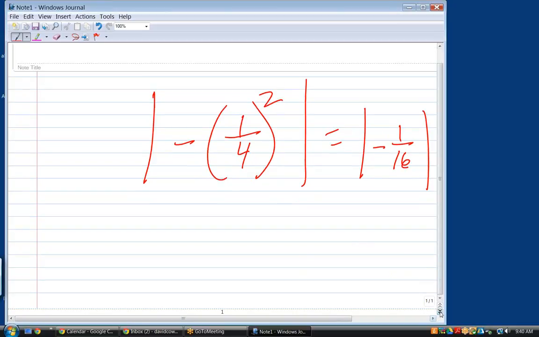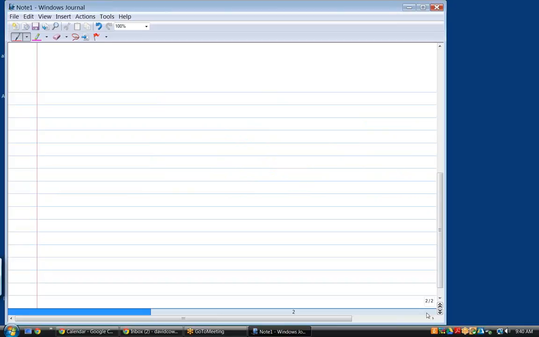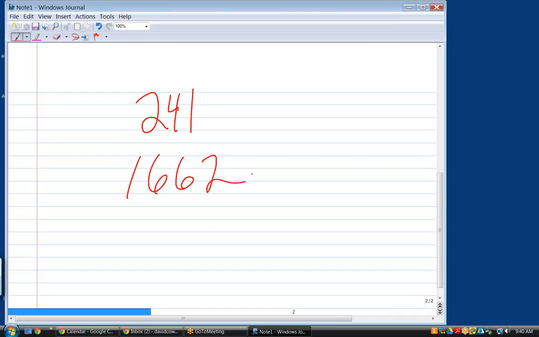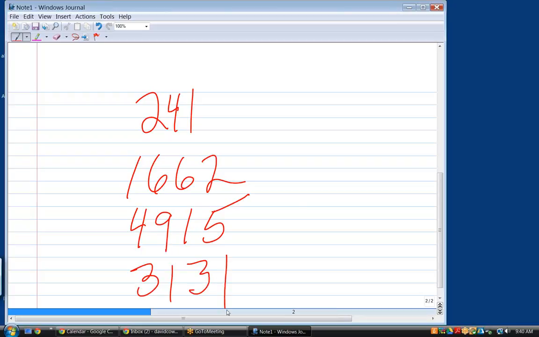Some of this stuff you may have learned, some you may not have. Which of the following numbers is divisible by 3? It's a little bit of number theory. I'm not sure at what grade level they teach it. They don't tend to teach it in high school, but then they expect you to know it in college.